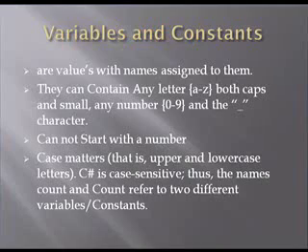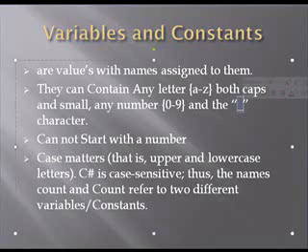Now we're going to learn about variables and constants. Both variables and constants are values with names assigned to them. They can contain any letter, A through Z, in both caps and small. They can contain any number, and they can contain the underscore character, which is that right there.